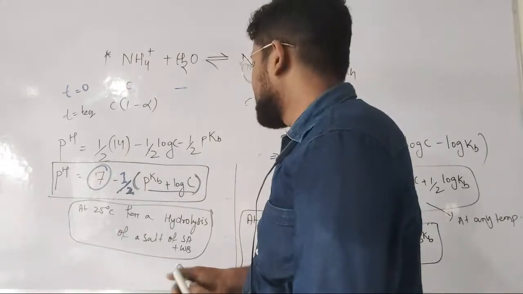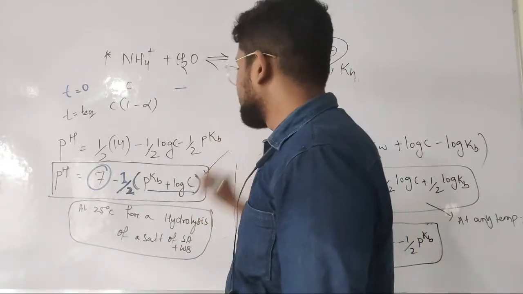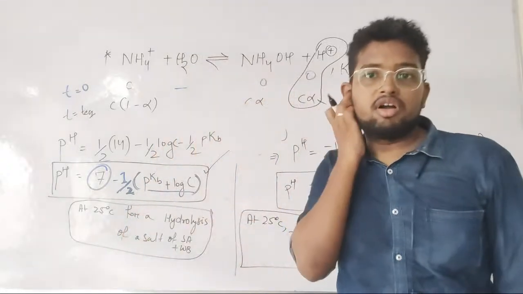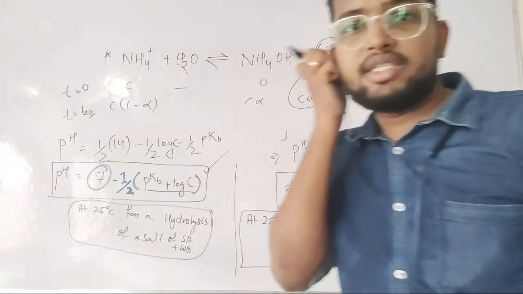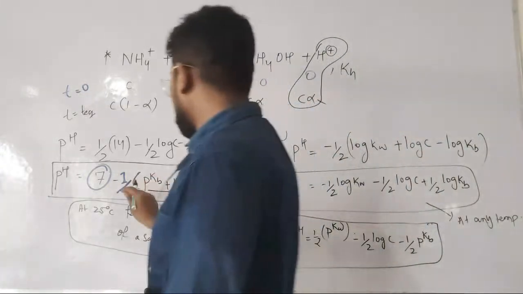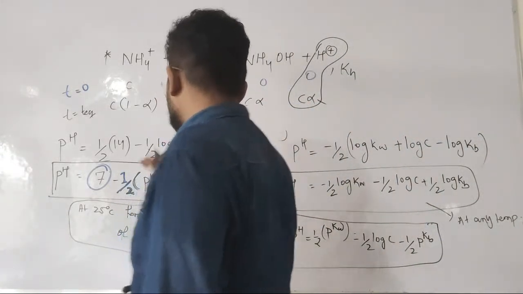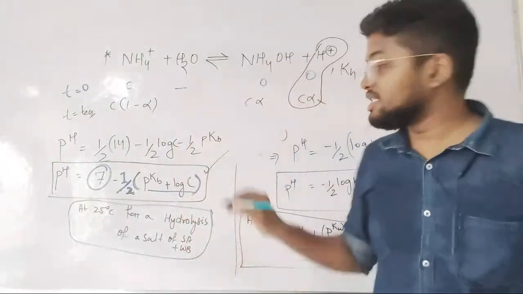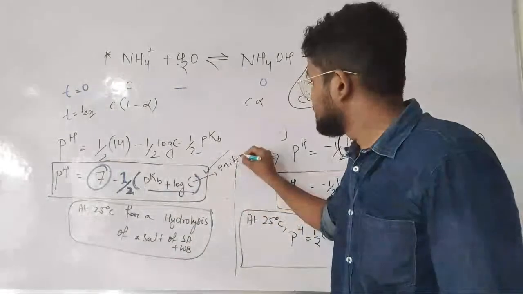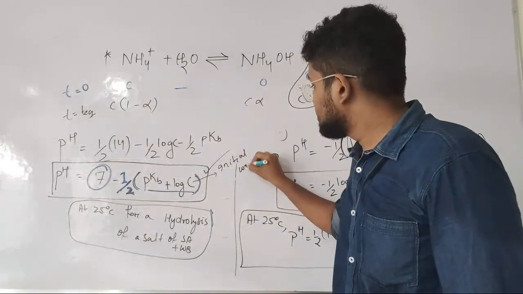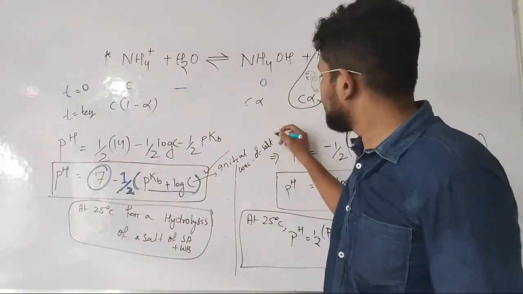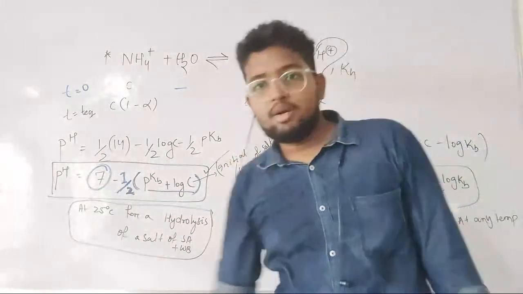So for your JEE perspective, we have to only remember this: pH for a salt of strong acid and weak base will be 7 minus half of pKb plus log C. What is C? Initial concentration of salt, right? C will be the initial concentration of salt.